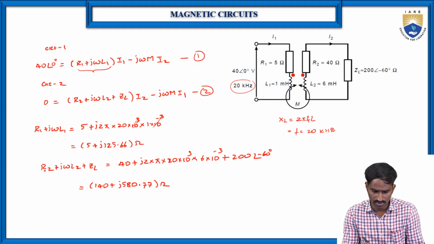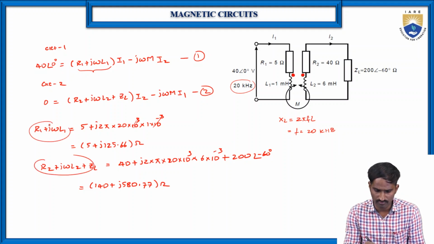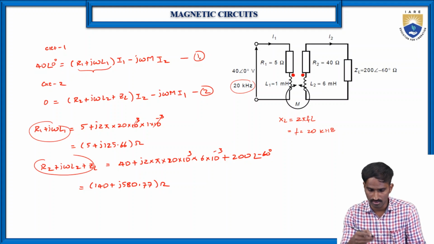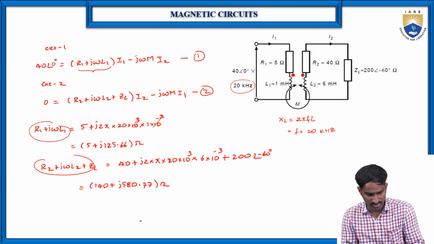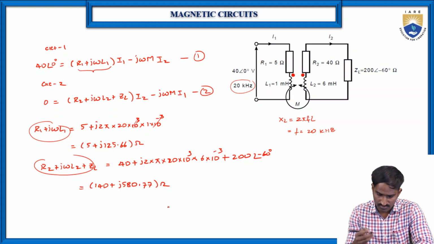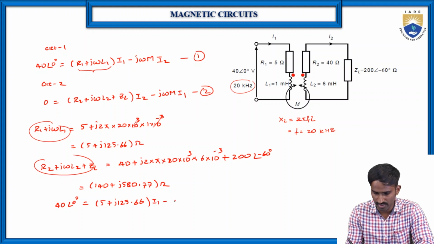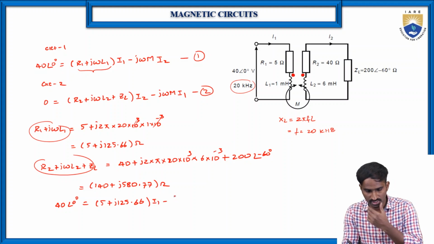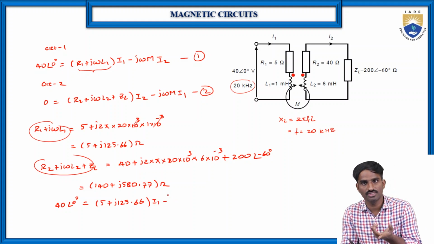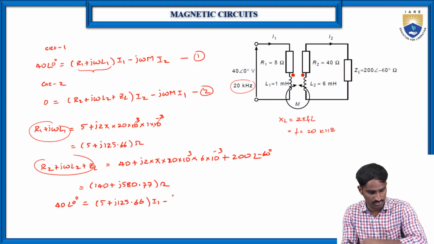Then substitute these two values in equations 1 and 2. Let me substitute this value in equation 1. Equation 1 will become 40 at an angle of 0 degrees, which is equal to 5 plus j125.66 into I1, minus, of course, let us substitute the j omega M I2 value also.